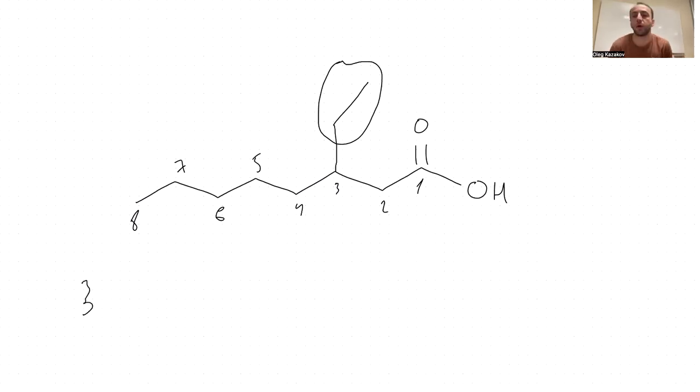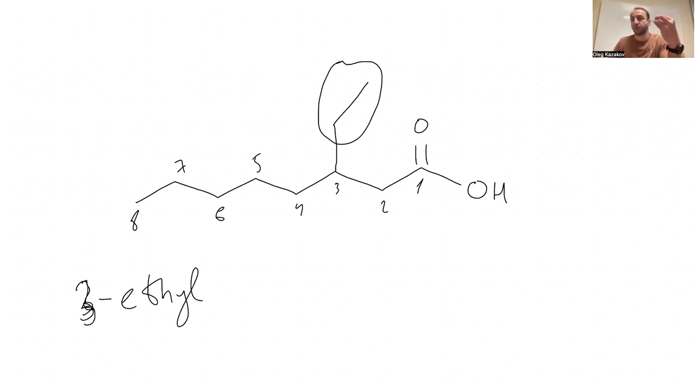If there are several of them, we are going to arrange them alphabetically. That is going to be one of the rules that we need to consider, right? But here we have only ethyl. So 3-ethyl: on carbon 3, there is ethyl. Then we have acid, right? We need to have the word acid in the name of the respective carboxylic acid. And we need to use the root corresponding to the number of carbons in the longest chain, which is going to be derived from the parent alkane with 8 carbons.